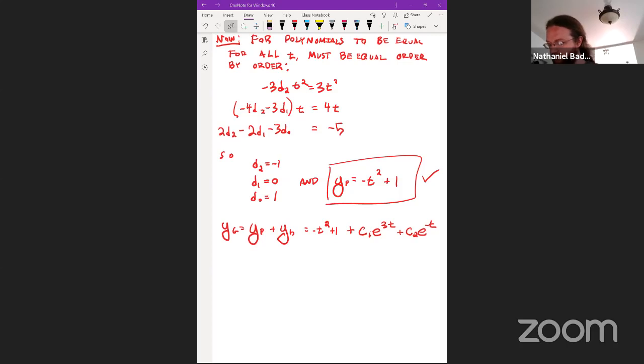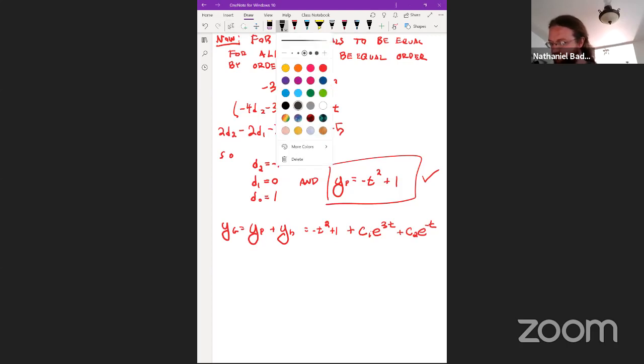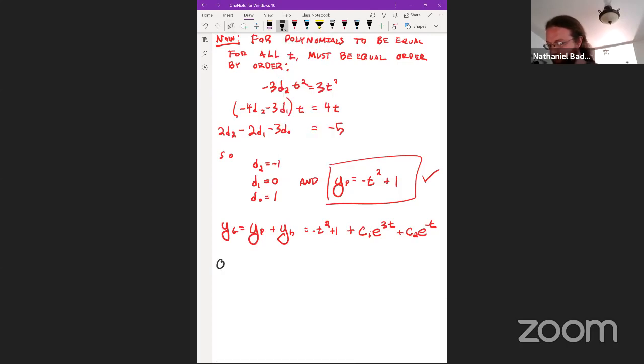Okay, so a question. For those of you that have seen this before, I want you to hold off for a second and let folks that haven't seen this before think about it. What should we guess for the particular solution in the following cases?